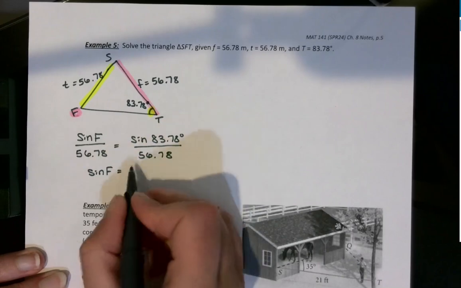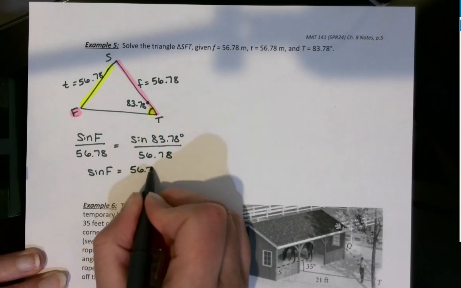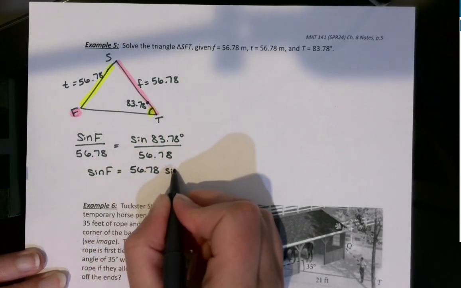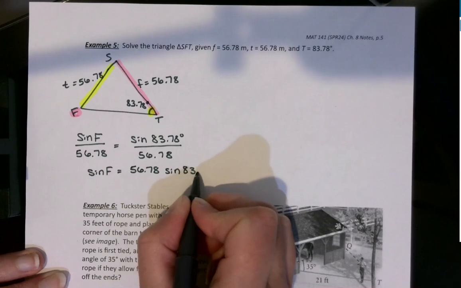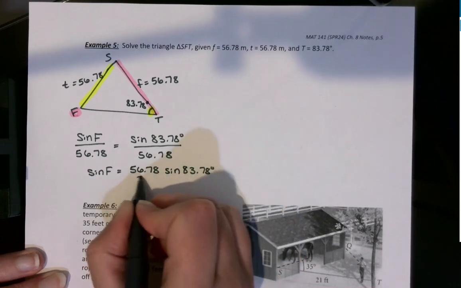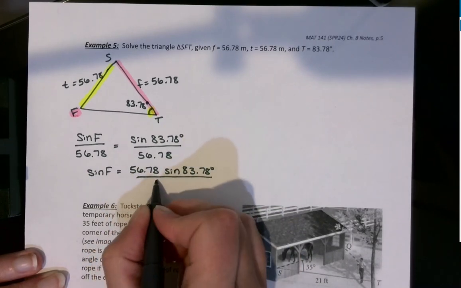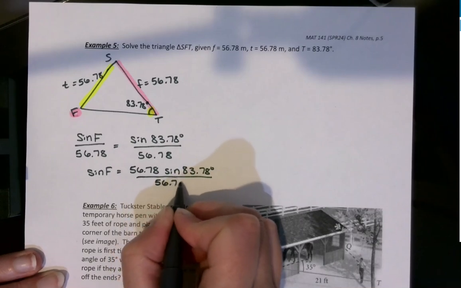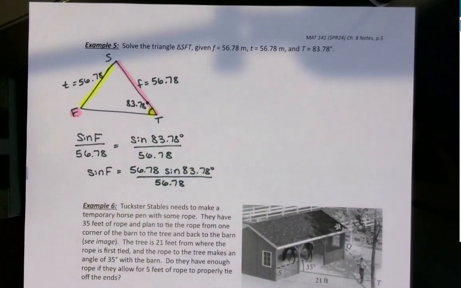Sine of F, if I multiply the 56.78 to the other side, times the sine of 83.78 degrees over the side 56.78, it's going to get me sine of F.